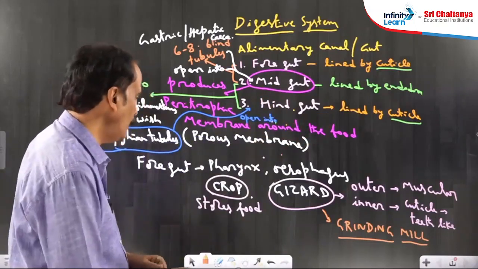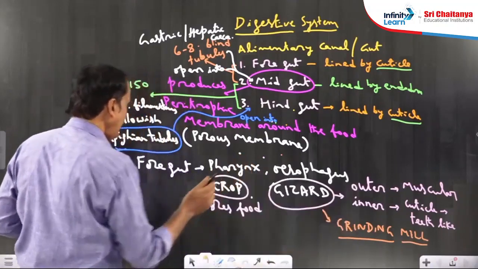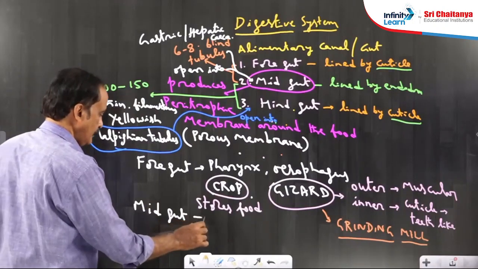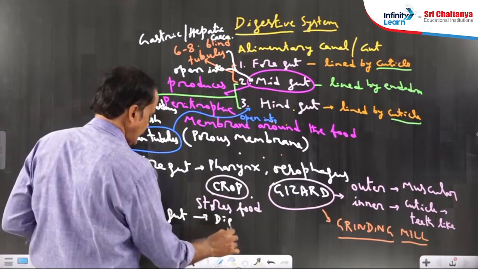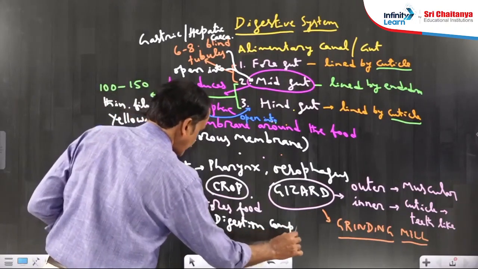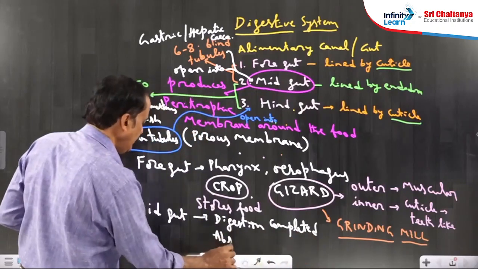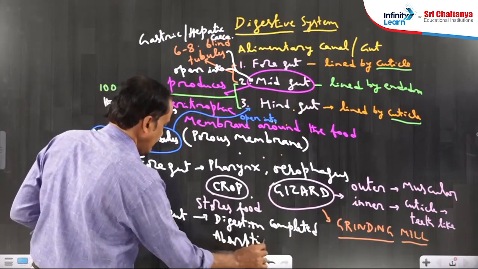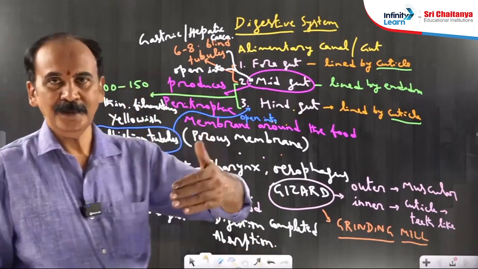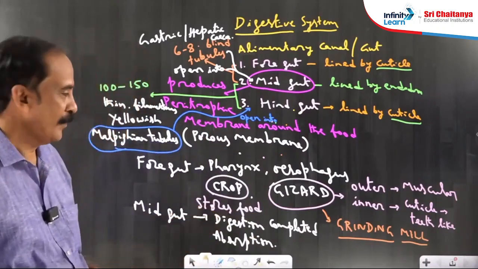In the midgut, the digestive process gets completed and absorption takes place in this region. In the proximal region digestion gets completed, and in the distal region absorption takes place.